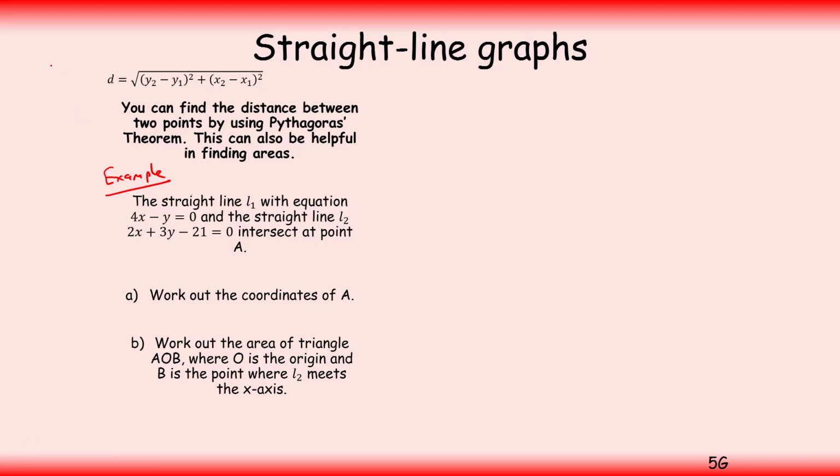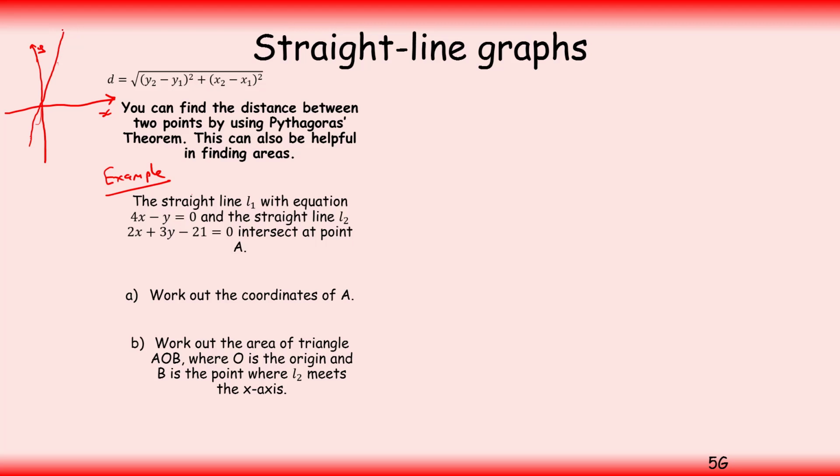Okay, it's a bit better, not much. X and Y. The first one, 4x minus y equals 0. There's no y-intercept. That means it passes through the origin, and it's 4x, so it's quite steep. So I'm going to try and draw it through the origin there.